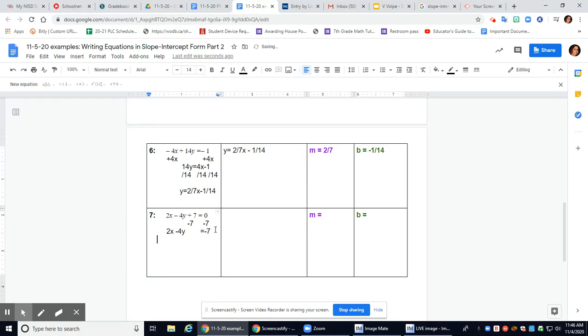Now I'm going to cancel out that 2x by subtracting 2x on both sides. Okay, when I do that, I end up with just the negative 4y on the left side of the equation equals negative 2x minus 7.